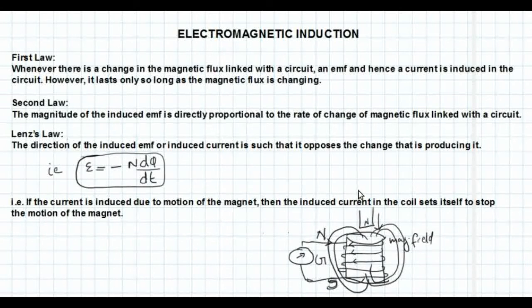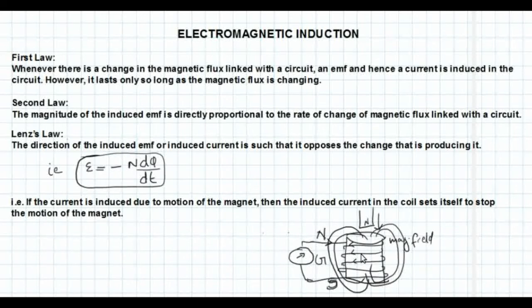While this bar magnet was being inserted into the coil, the number of field lines coming in contact with this coil increases, or the flux changes, and as a result an EMF is induced that produces a current. That current in turn produces magnetism in this coil.